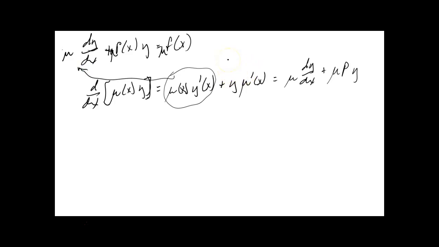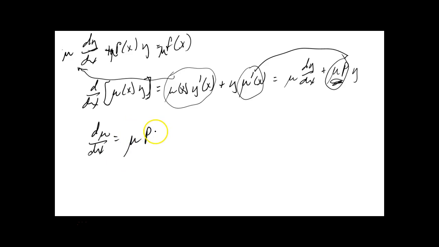If we could get this mu prime to be this, then that would be the same thing as this. If mu times p would be mu prime, that would make our day. Okay? So that's what we're aiming for. We want d mu/dx to equal mu times p of x.